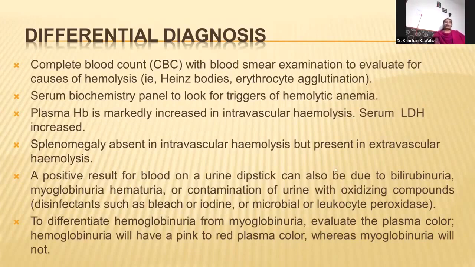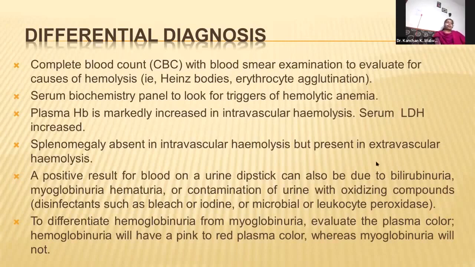Then you can go for estimation of the different elements in the liver and tissue, especially, as I said, these are important causes of hemolytic anemia. So you can estimate nitrates, copper, molybdenum and so on. This way you can find out the trigger of hemolytic anemia.